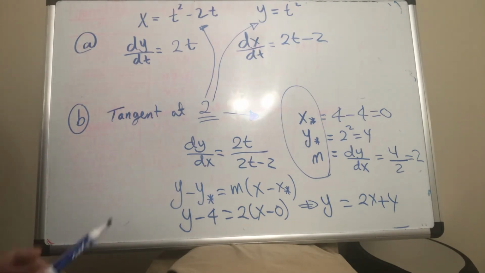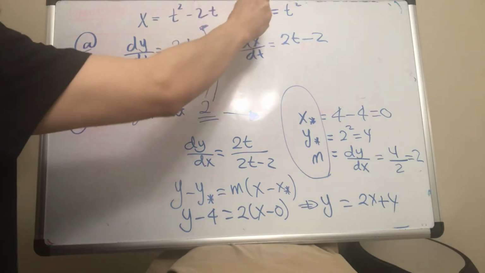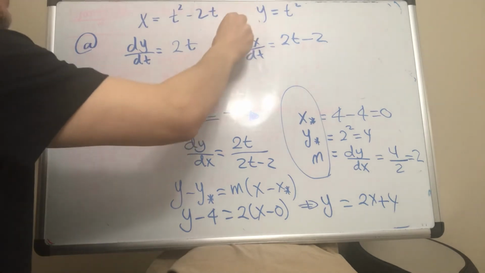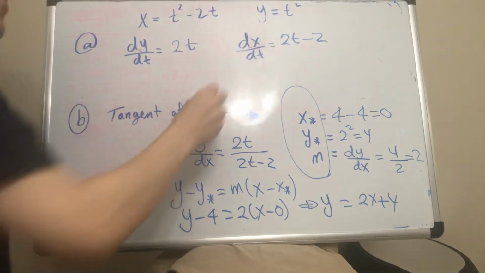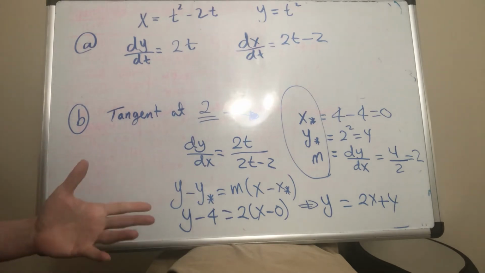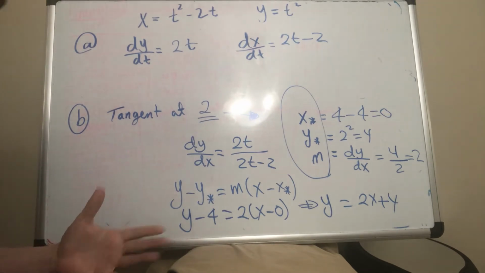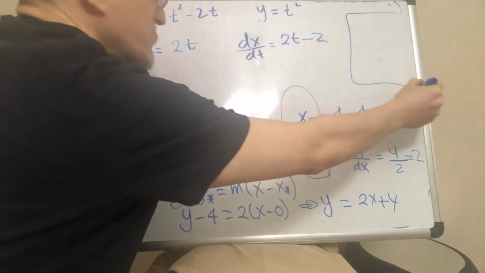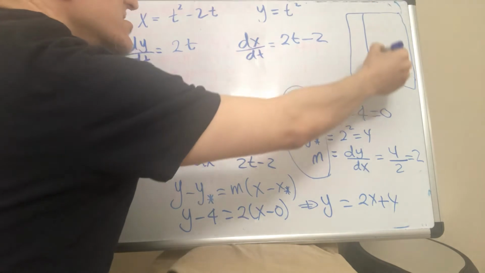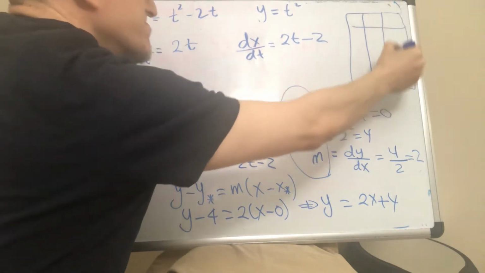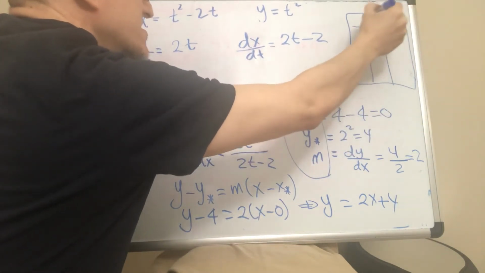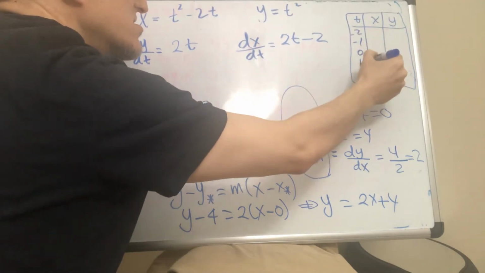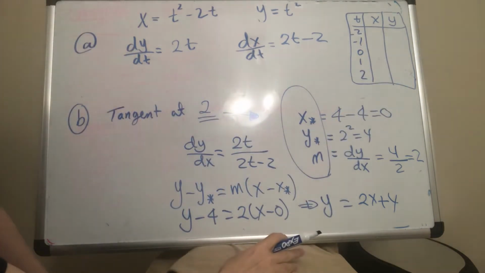Now, for the idea of sketching, there's no specific way to help you sketch a parametric curve, so it's always recommended that you actually plug in some points. So you could do this. You have x, y, and t. You can do a minus 2, a minus 1, a 0, a 1, 2, and see what you get.